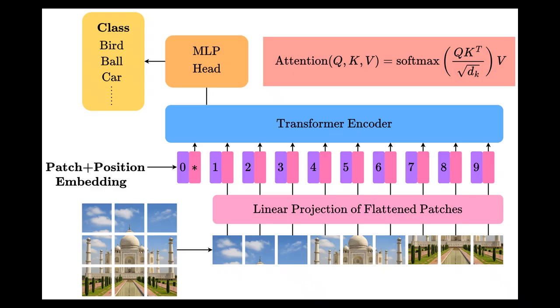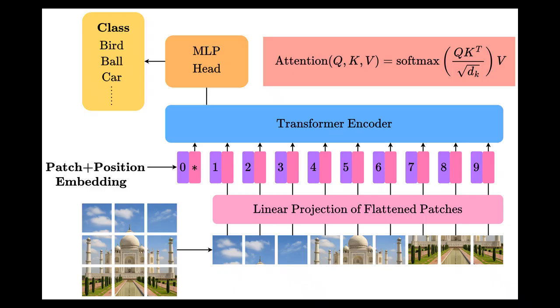They process images using sliding convolutional kernels, which focus on local information. But after the introduction of the transformer architecture in 2017 for text, researchers started asking, can we use the same idea for images? This is how the vision transformer was born.